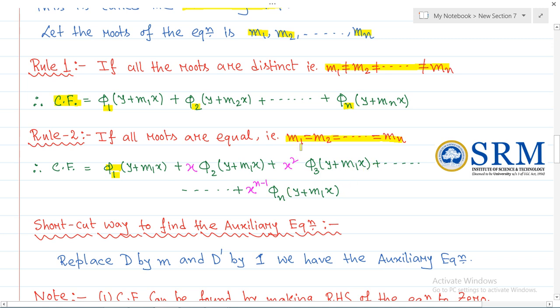But since the root is repeating n times, for each term one x goes outside with the function. So with the first term there will be no x, thereafter one more x goes outside each time: x into phi 2 of y plus m1x, x square into phi 3 of y plus m1x, and x to the power n minus 1 into phi n of y plus m1x. So this rule is applicable whenever you have a repeated root.